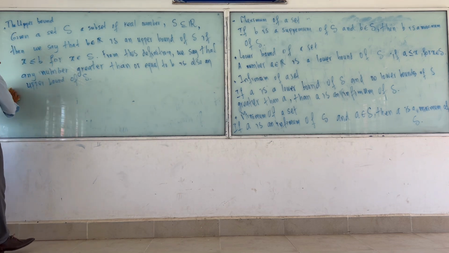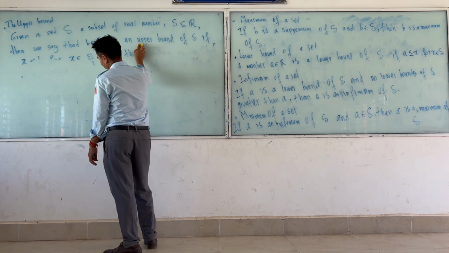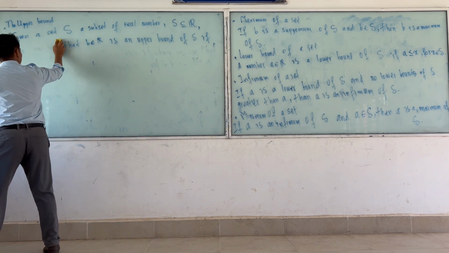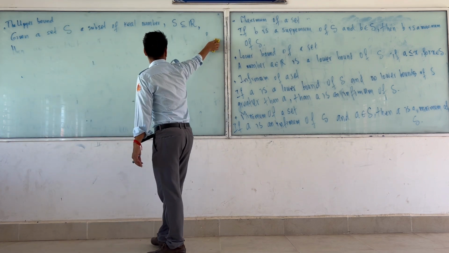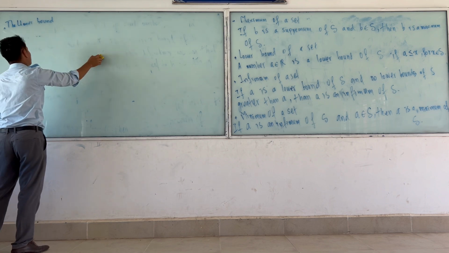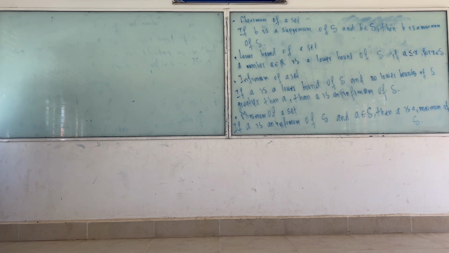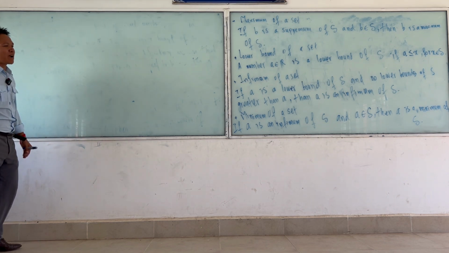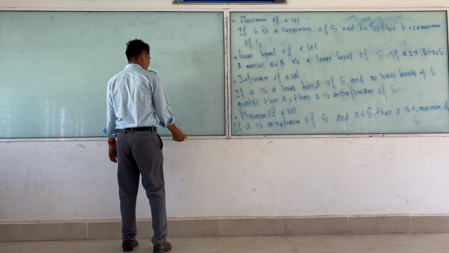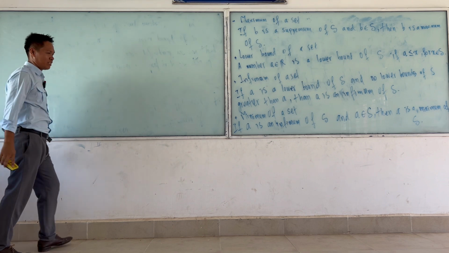To sum up, first, a general set is not always bounded. By the way, if you can find an upper bound of it and a lower bound of it, then we can say that it is bounded.